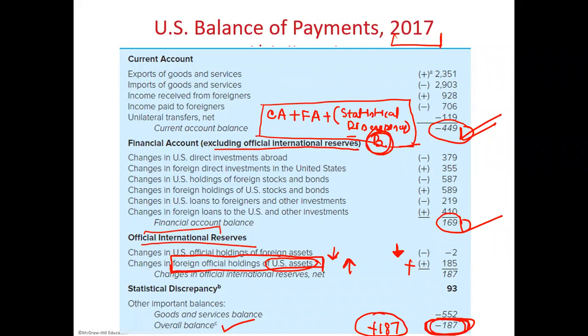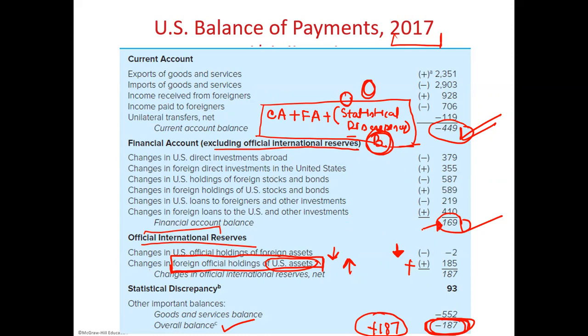So if we see that the overall balance is 0, and we also see that the statistical discrepancy is 0, just consider the situation that the financial account balance is positive here in the US.